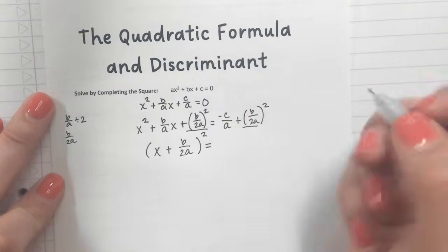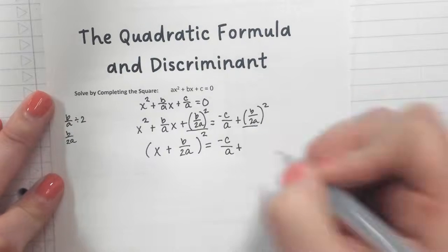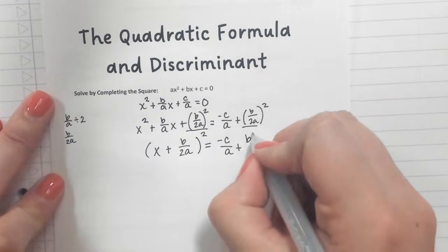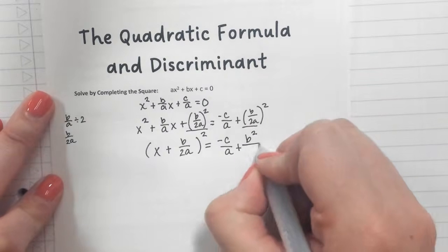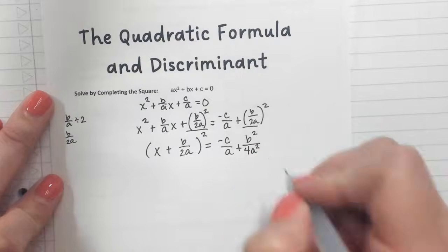So I'm going to do that in 2 steps. So negative c over a plus, if I square b over 2a, I get b squared over 4a squared.